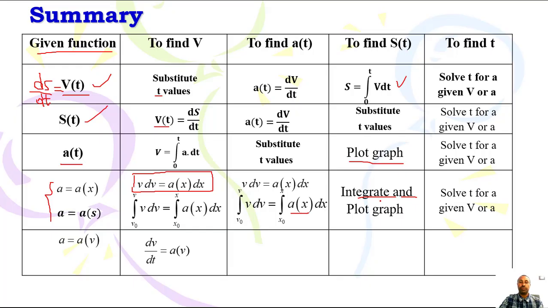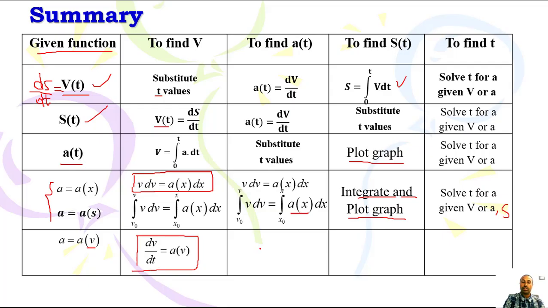If s of t is given, fine; if s of t is unknown, integrate and then plot the graphs and solve for t for any given velocity or distance s. You can calculate. And if acceleration is a function of velocity, then you can use this equation, a of v, which is dv by dt.